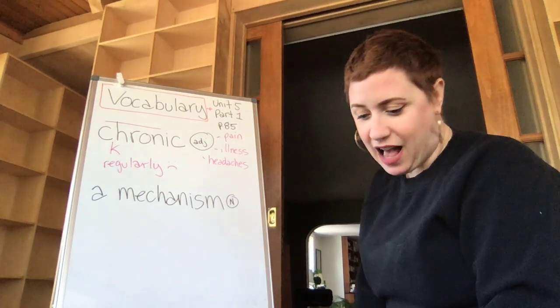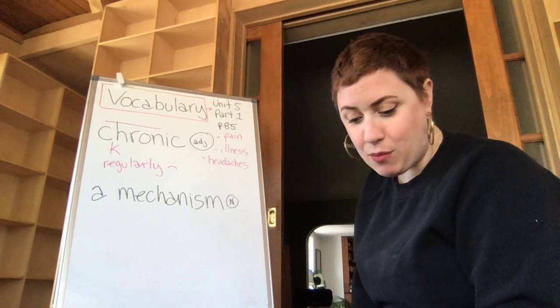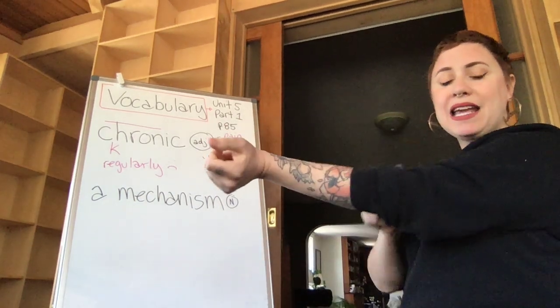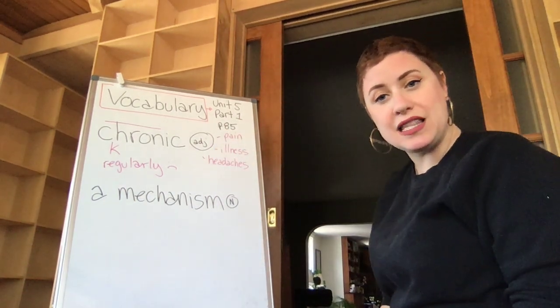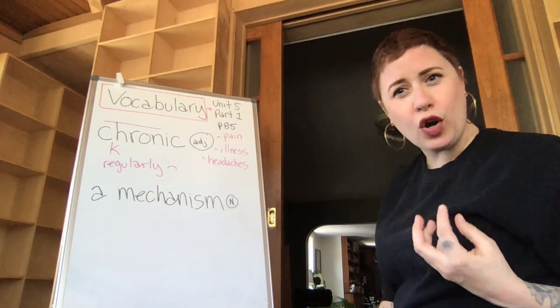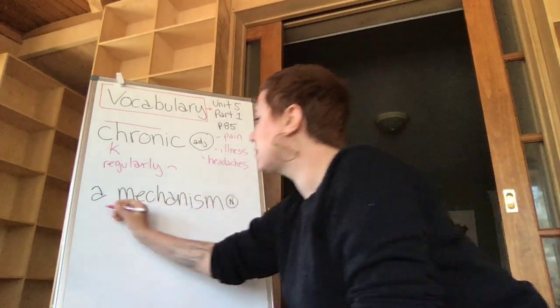This is true. Fortunately, there is a mechanism in women's bodies to help them deal with the stress. So a mechanism is an interesting word. It's a very industrial word. It's a word we often use when we talk about machines.